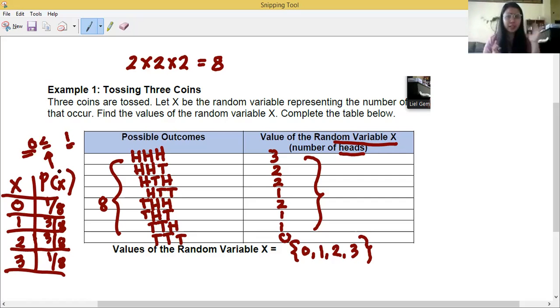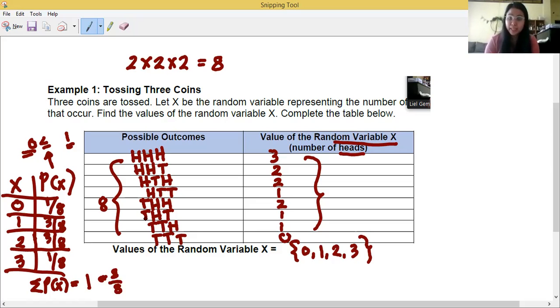It can never be negative, and it can never be more than 1. Another characteristic is that the summation of the P of X column is 1. If you check, 1 plus 3, it's 4, plus 3, 7, plus 1, that is 8 over 8.